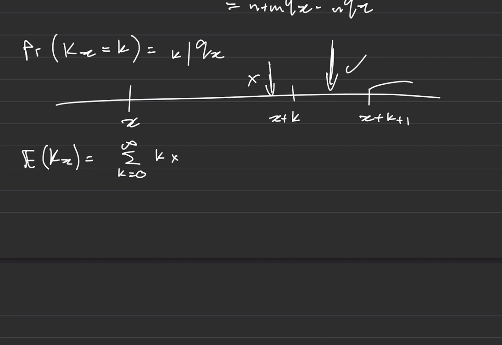So I'm using a PMF, and this PMF is going to be equal to k|q_x. So that's easy enough. Then if I simplify this further, I get the sum from k equals 1 to infinity of kp_x, which equals e_x, which roughly equals e°_x, the complete expected future lifetime, minus a half.